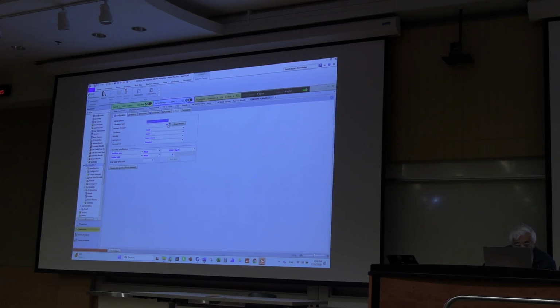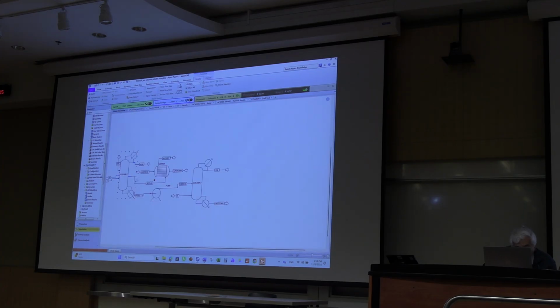We use a pseudo stream to specify it. You can look at the stream. Pseudo stream, liquid leaving state 34, entering reboiler state 35. It's a liquid. Okay?